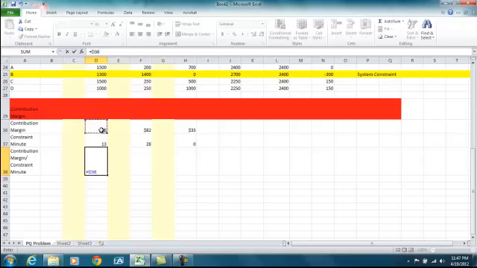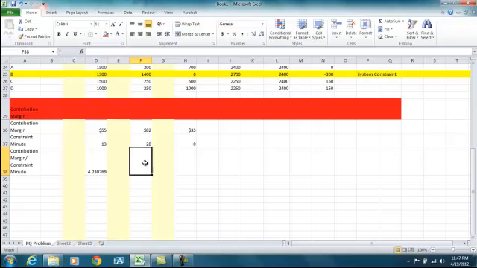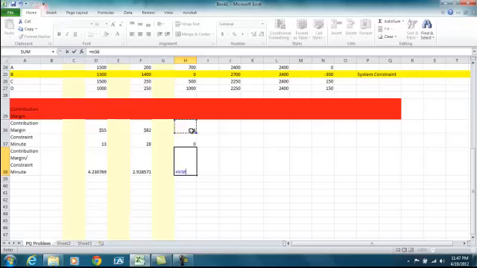It's the contribution margin divided by the constraint minutes per unit. And whoops, what happened there? Well, this is not an unusual situation at all.